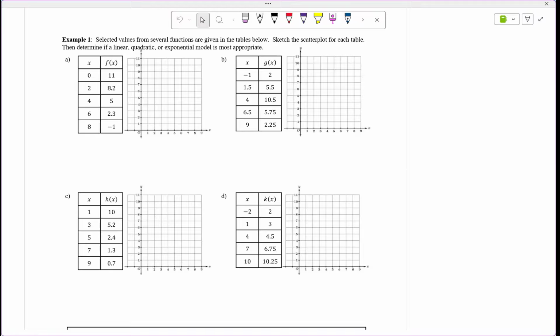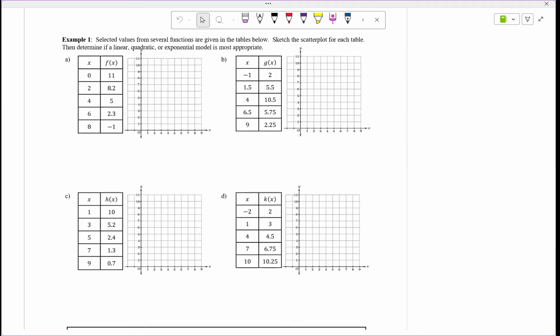D is exponential, right? Pretty sure. One is linear.